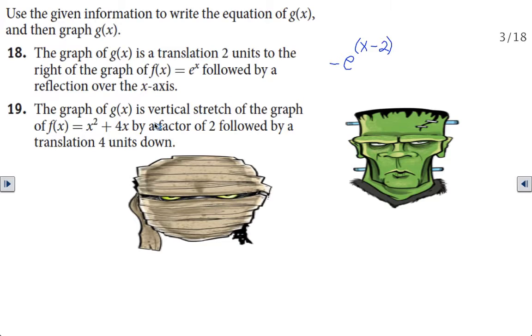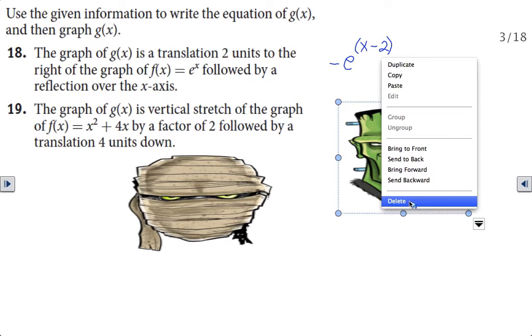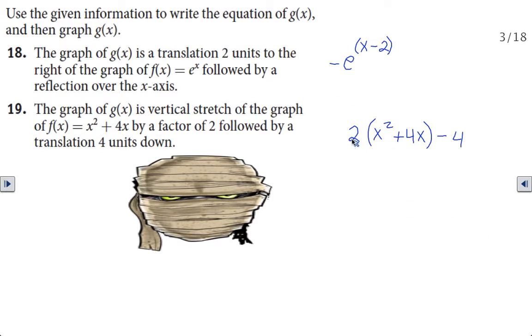Now another example of one that you might see is a vertical stretch of this equation by a factor of 2, followed by a translation of 4 units down. And I believe this monster is hiding the answer. So notice the 2 is out here, and then the parent function or the original equation is all in parentheses, and then it's minus 4 because we're moving 4 units down.